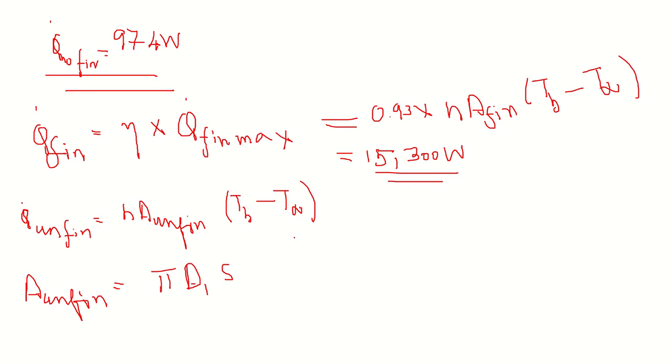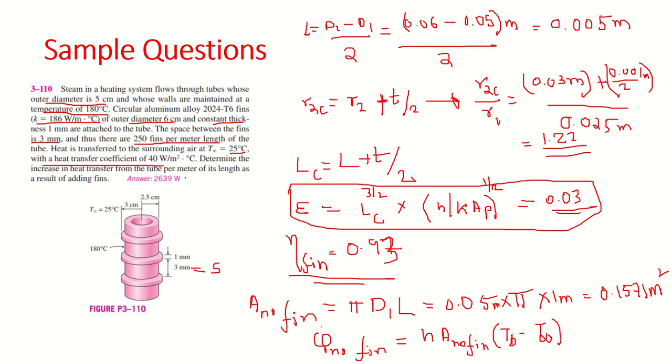Now what is the total thing I need to find? What is the question about? Determine the increase in heat transfer per tube per meter of its length as a result of adding fin. So how many fins do we have? 250 fins, right?